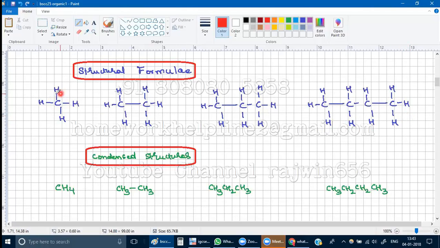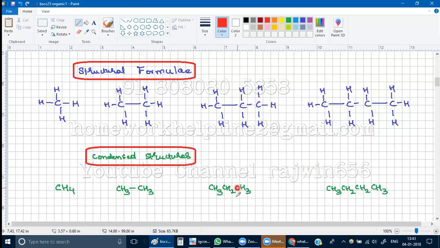Now, I can choose not to show all of these bonds, and show only the bond between the two carbon atoms, or even without that. You can see over here, carbon is bonded with 4 hydrogen atoms, so the condensed structure will be CH4 directly like this. For ethane, you can see this carbon atom is bonded with 3 hydrogen atoms, so that is shown as CH3, and again this is CH3.